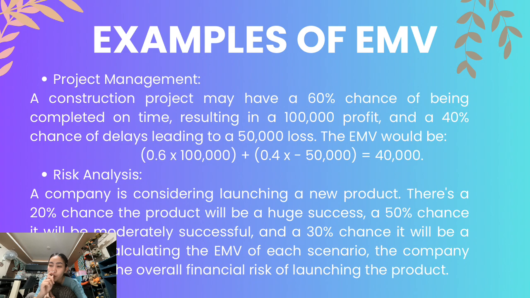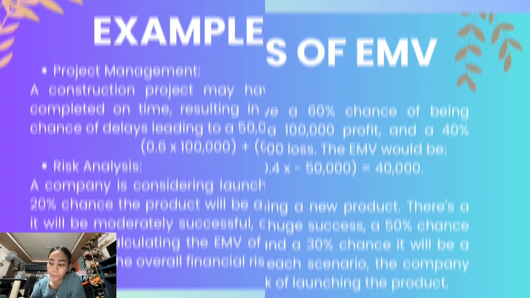For example, if there's a 20% chance of a huge success with a profit of 10,000, we just multiply it like what we did earlier in the project management example. Then we add the products of the three probabilities, and we will have an answer for our EMV.